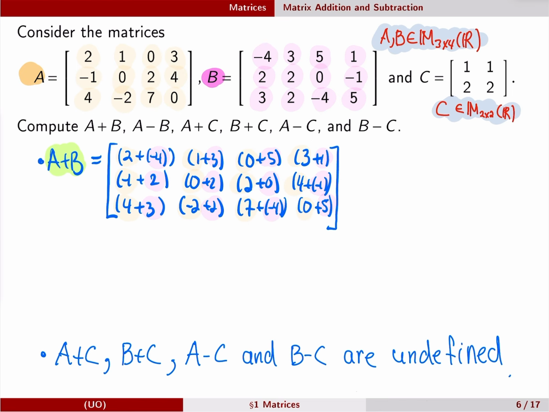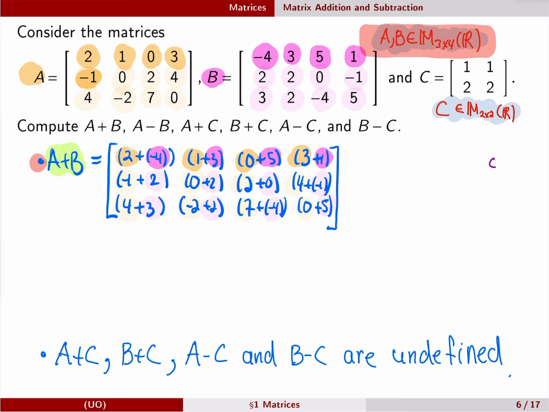All right, so for A plus B, both matrices have the same size. So let's just add these entries in their respective position. So 2 plus minus 4, 1 plus 3, 0 plus 5, 3 plus 1, and that's it for the first row.